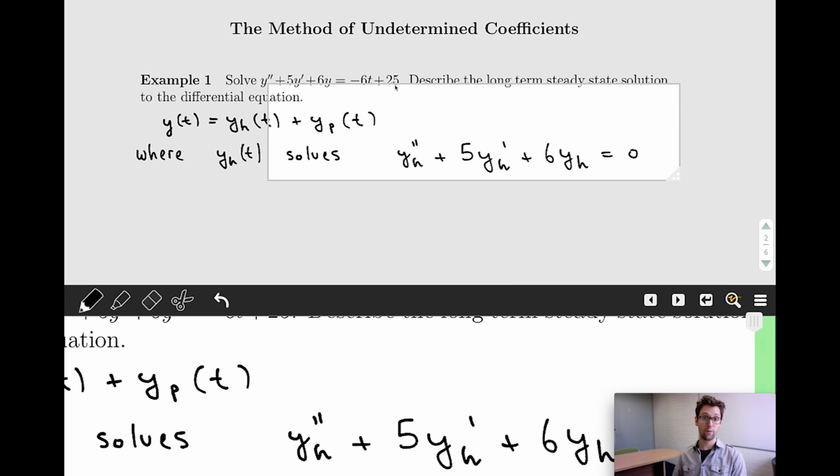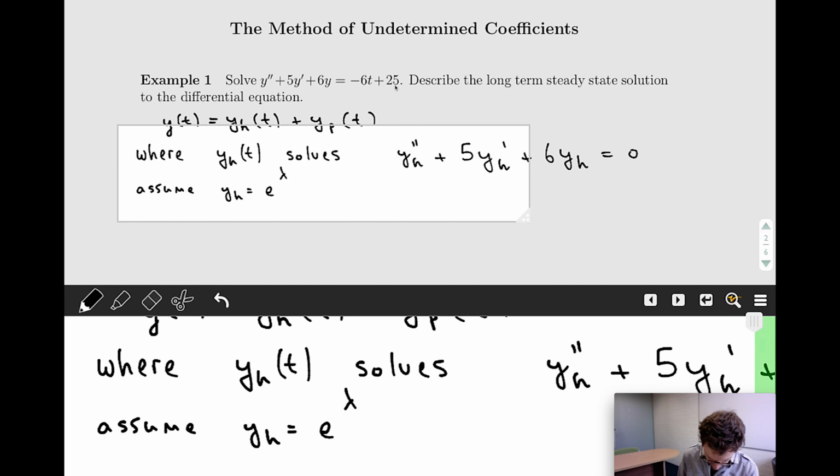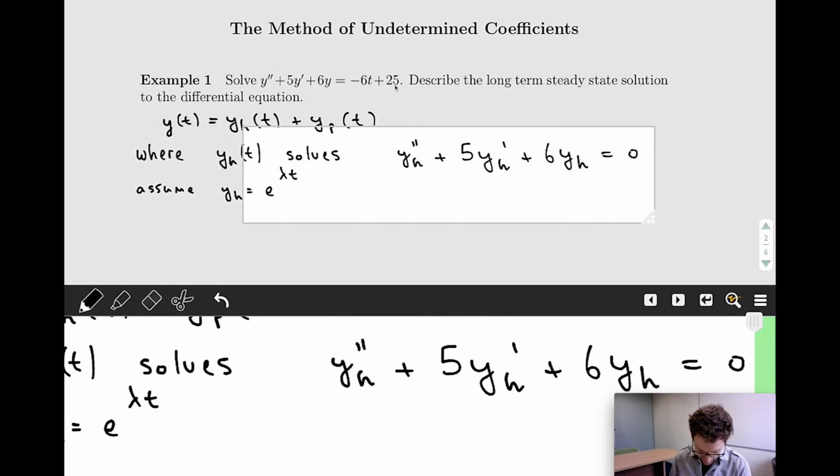Now we know how to solve problems like that. We assume a solution of the form e to the lambda t, which means that every time I take a derivative, I pull down a power of lambda. I convert my homogeneous differential equation into a quadratic equation for the unknown lambda, and I solve.